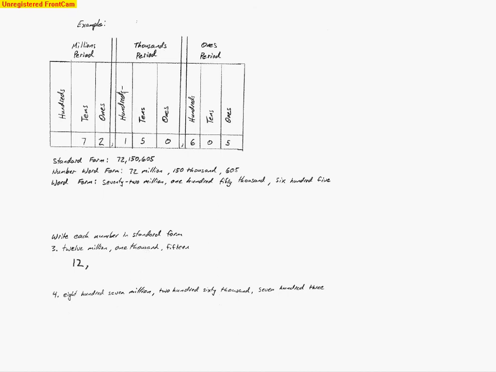We have no number in the hundreds, no number in the tens, just in the thousands. So I have to have placeholders for those spaces where I don't have values. So 1,000 would be 2 placeholders of 0 in the hundreds and tens places, and then 1 in the thousands place. And then 15. Again, I don't have any number in the hundreds place, so I have to hold a place value there, and then write the number 15. And that would be our number in standard form.